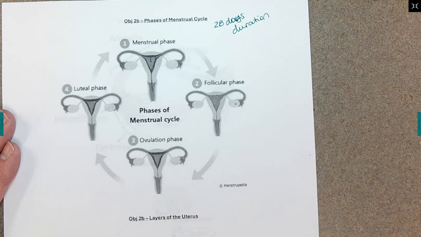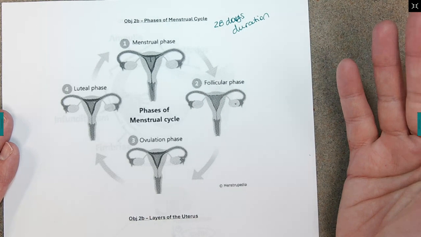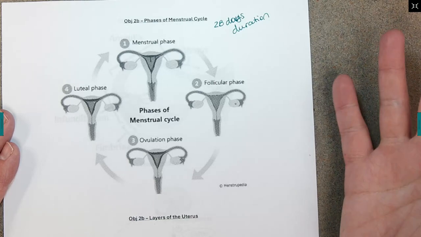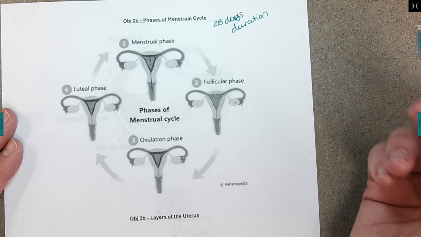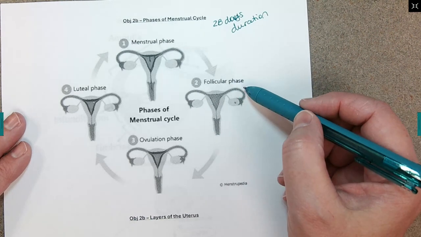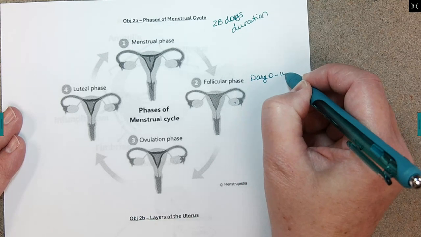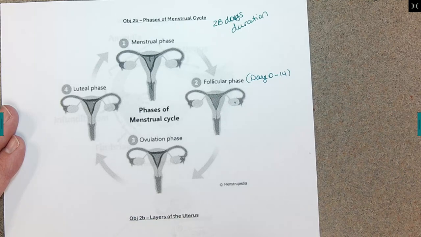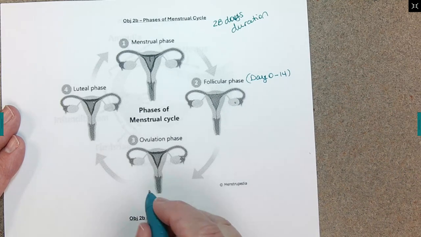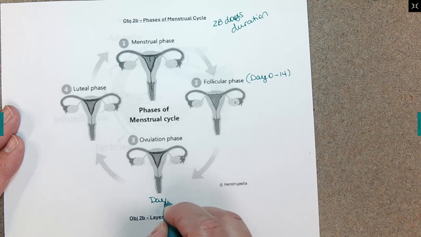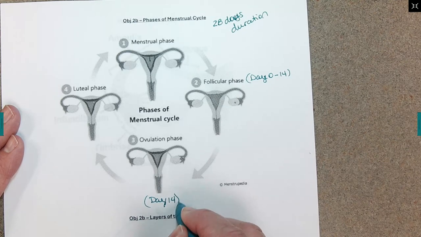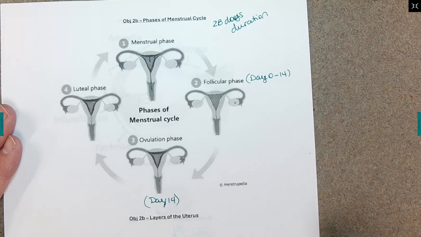And it contains 4 phases. Now, the problem with some of this is there's some overlap in the phases, and I get that, and it just is what it is. So your follicular phase is going to go from day 0 to day 14, okay? Now, the ovulation phase will occur at day 14, and we'll talk about what triggers that to occur.